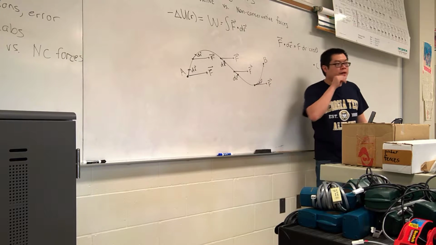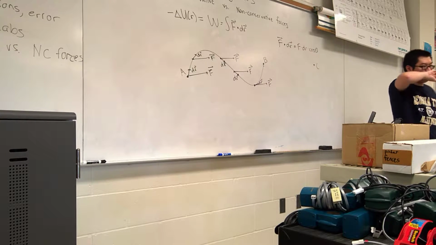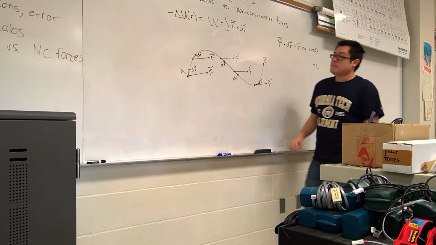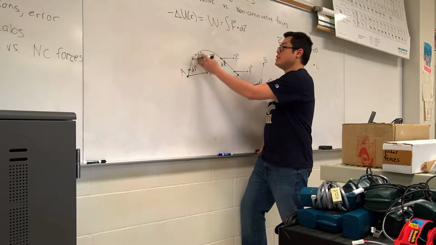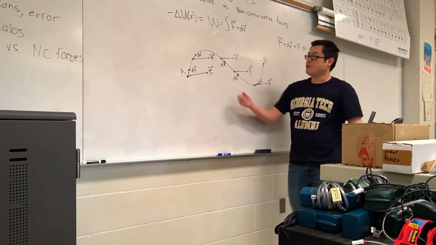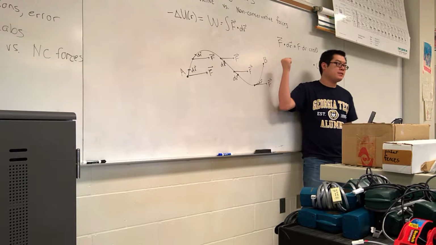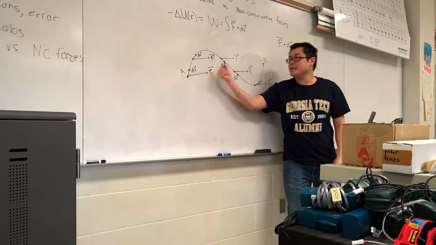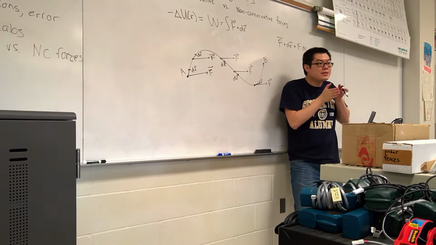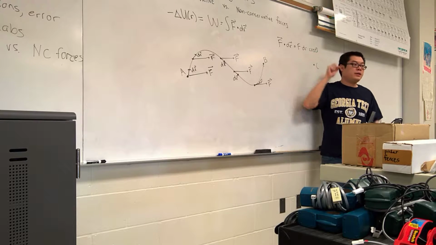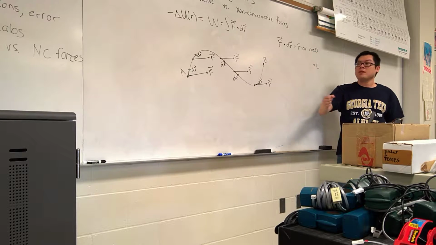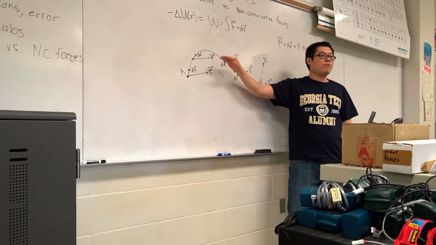Let's take a look at the way this particular force is set up. How would this be different if the object took a straight line? If it took a straight line so that the force was always in line with dr, then this would just be 1 and you would just have F dr. But the path would be short.